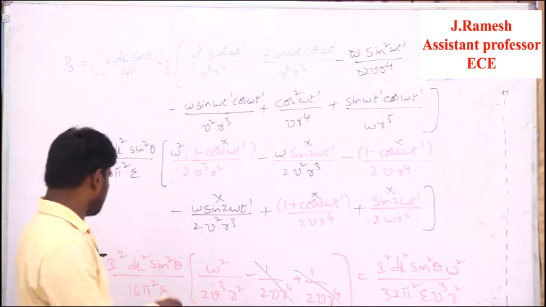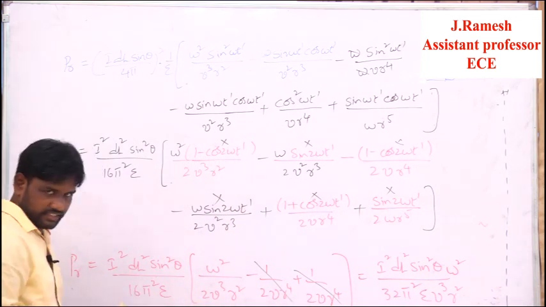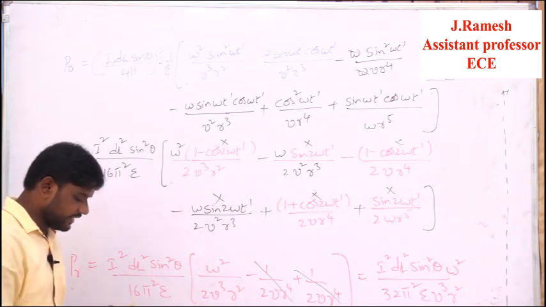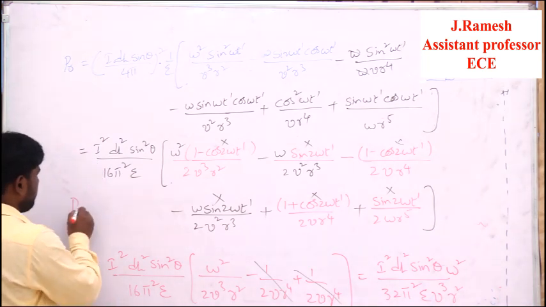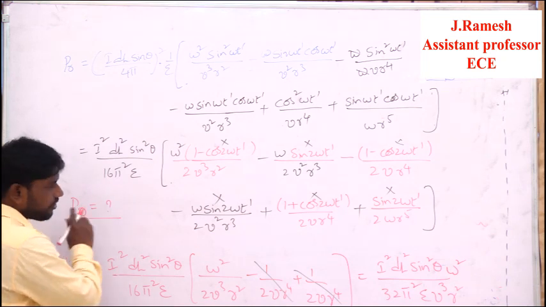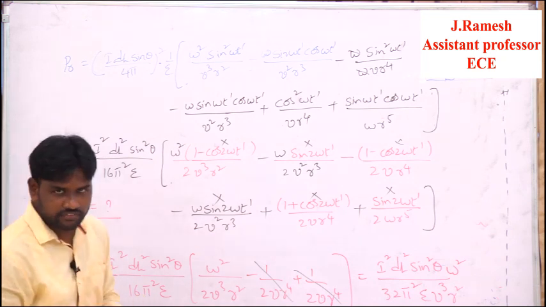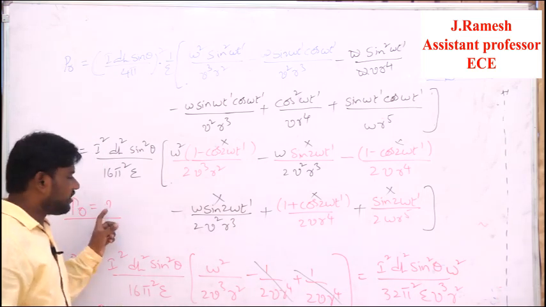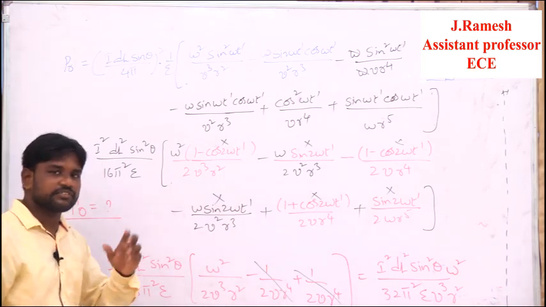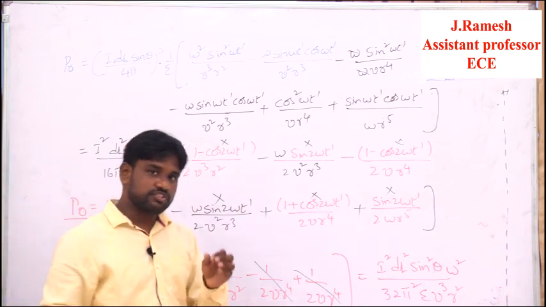Now, this is the power radiated in this direction. If you want to calculate the power radiated in the direction of theta, that means p theta, if you multiply all those terms for the p theta, you will get the entire equation in terms of sin 2 theta and cos 2 theta only.